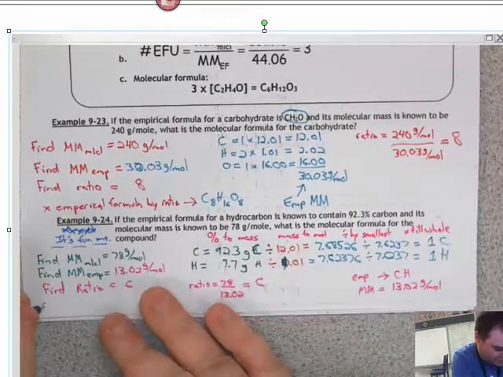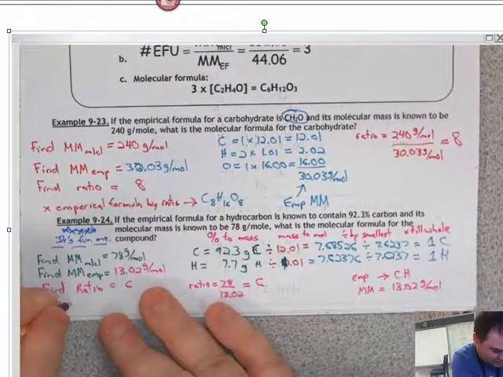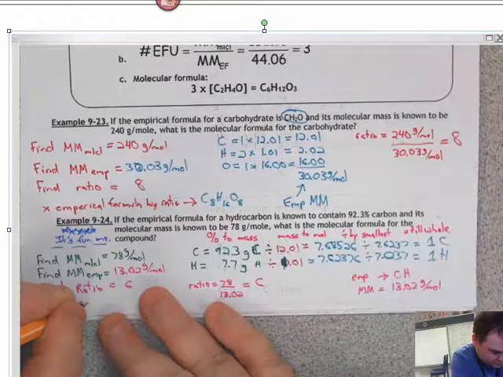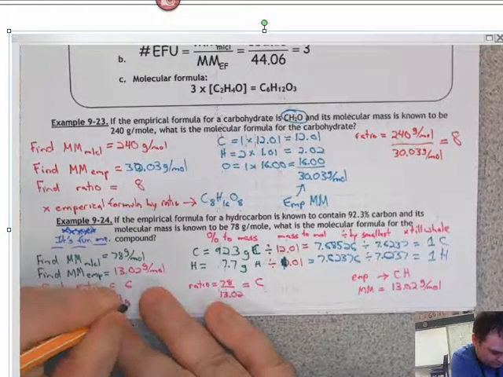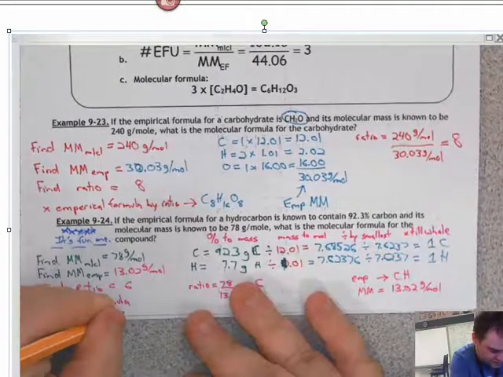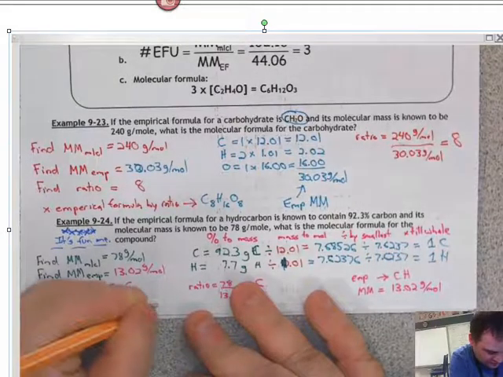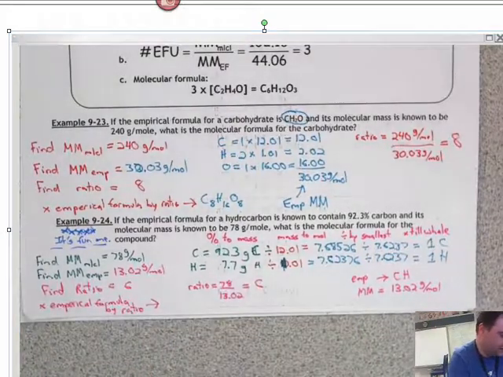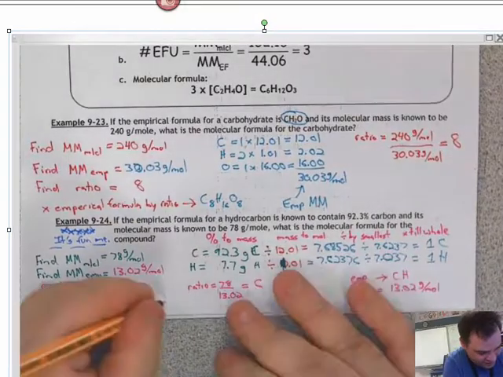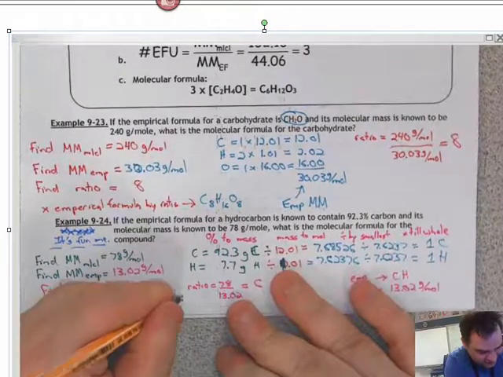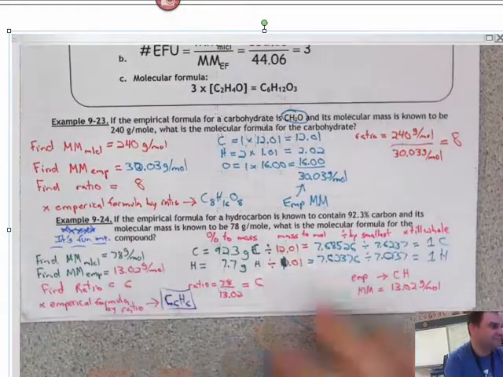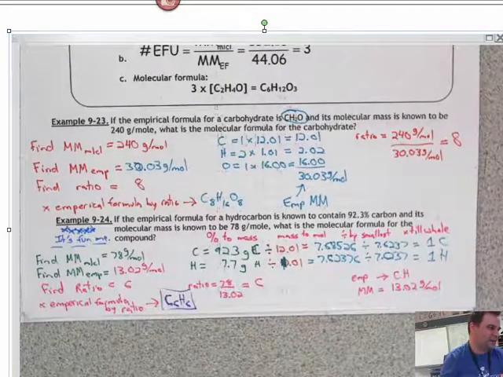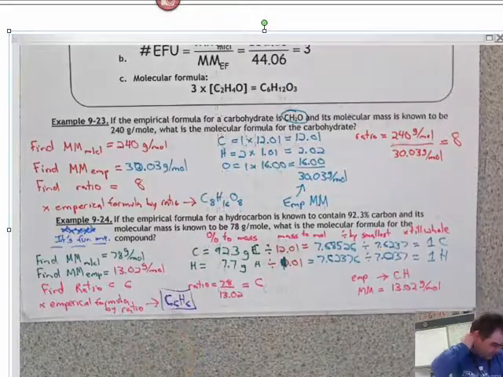So then we multiply the empirical formula by the ratio, and we end up getting C6H6 as our correct answer. And you can double check it by seeing if it has a molar mass of 78, which it does.